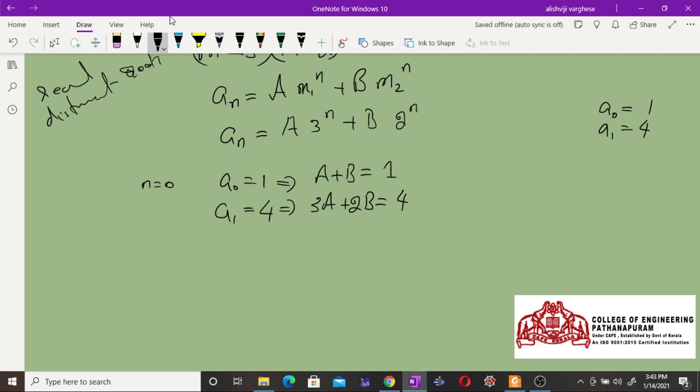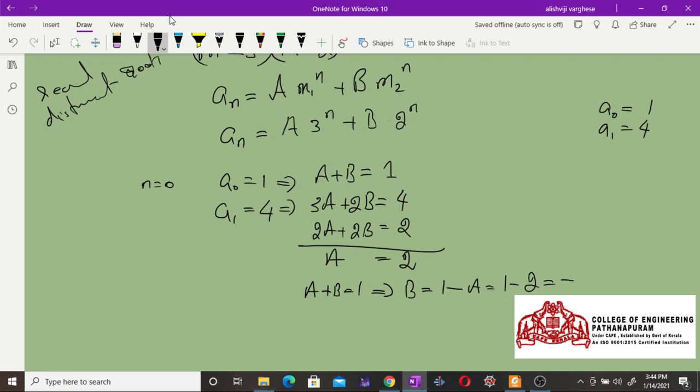Now if you multiply the first equation with 2, then 2a plus 2b is equal to 2. Now solving 1 minus 2 gives a is equal to 2. Then if you substitute a is equal to 2, a plus b is equal to 1 gives b is equal to 1 minus a, that is 1 minus 2, equal to minus 1.